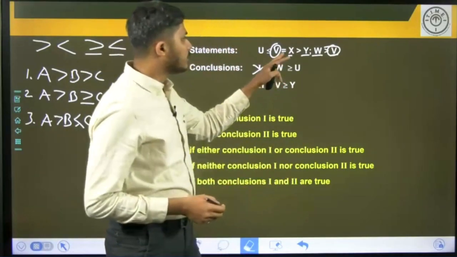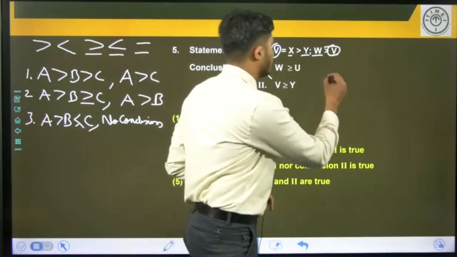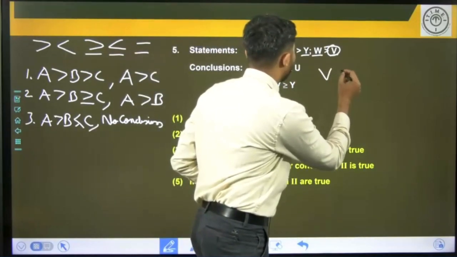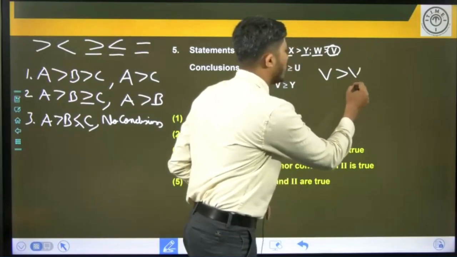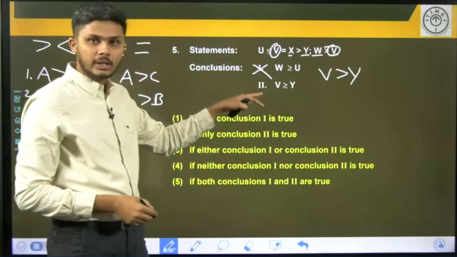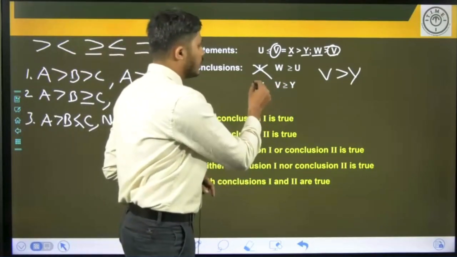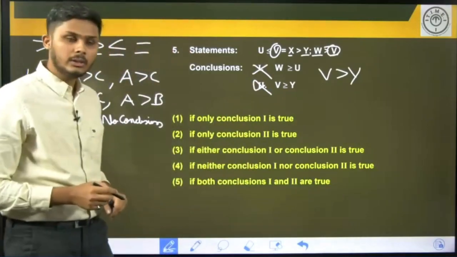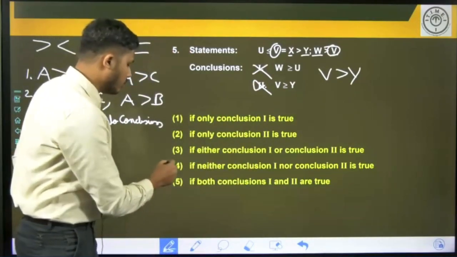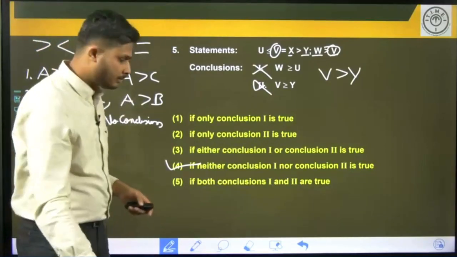So let us replace X with V, since V equals X. So the new statement will be V is greater than Y, which is also not true in this case, since the conclusion here given is V greater than or equal to Y, which is not true. Hence neither 1 nor 2 conclusion follow. So option 4, neither conclusion 1 nor conclusion 2 follows.